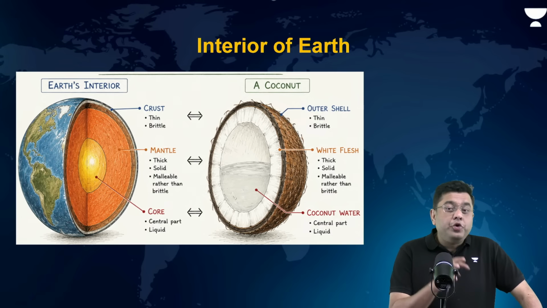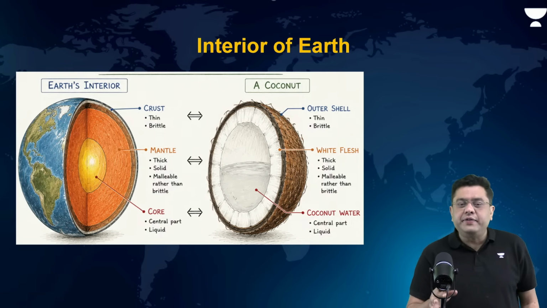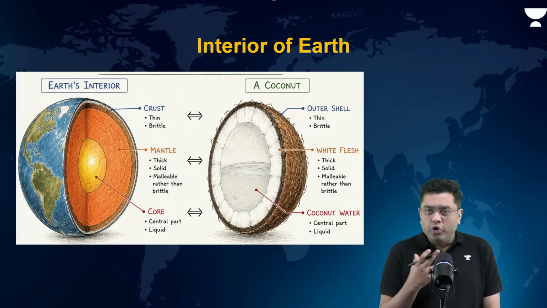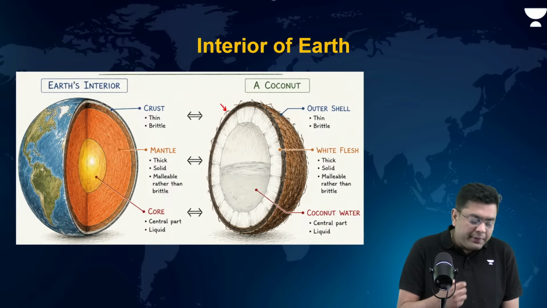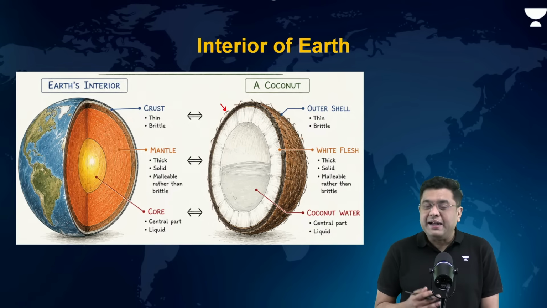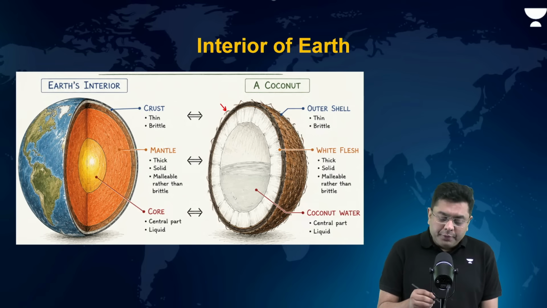So basically, if you take a look at the interior of planet Earth, you can always have an example that it is very similar to that of a coconut. Now, all of you would have seen the coconut. I'm sure you would not be able to see the interior of planet Earth, but at least a coconut is easily visible. Now, in the case of a coconut, what do you observe?